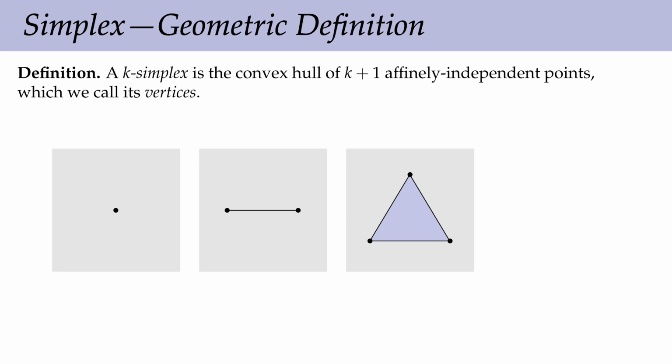Okay? Finally, let's say we have 4 points, and now these points are in 3-dimensional space. Okay? They have to be in order to be affinely independent. I can't have 4 affinely independent points in 2D. Why not?